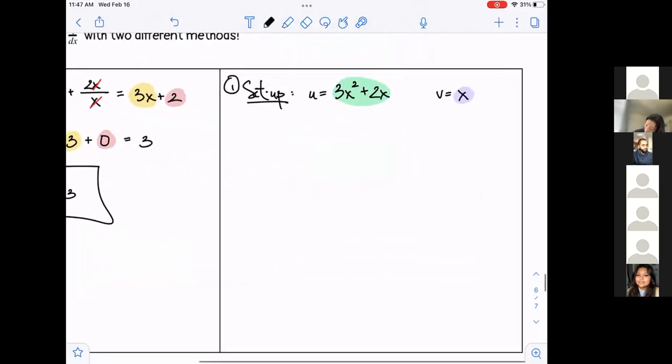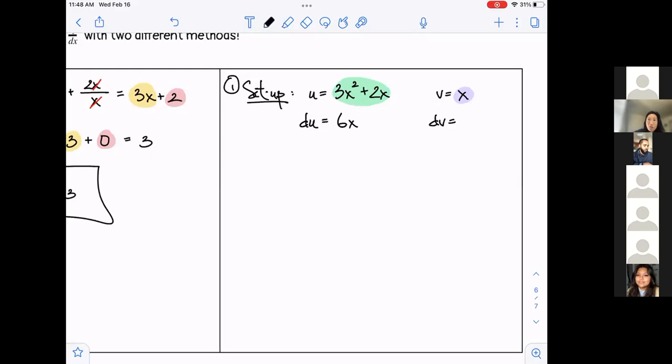All right. Let's find our du and let's find our dv. When I take the derivative of 3x squared, just the 3x squared part, what do I get? Six x.